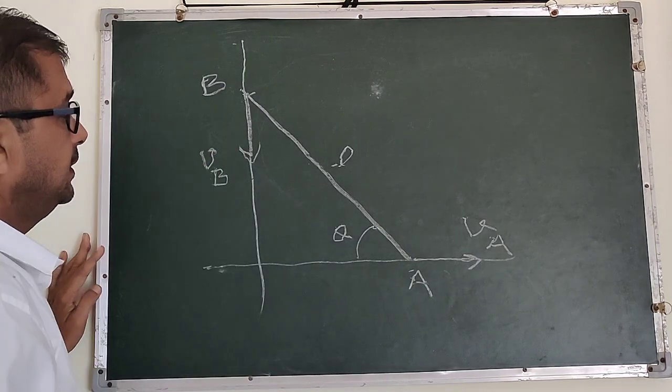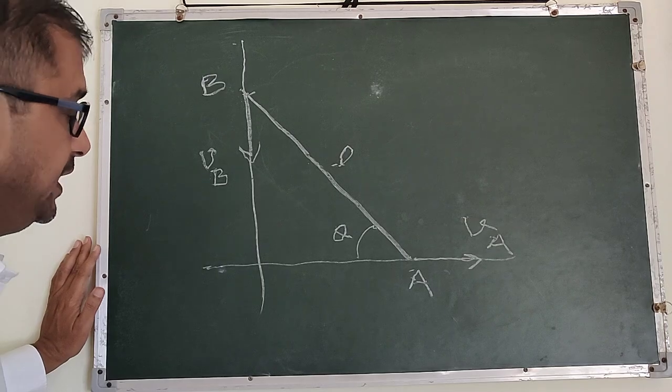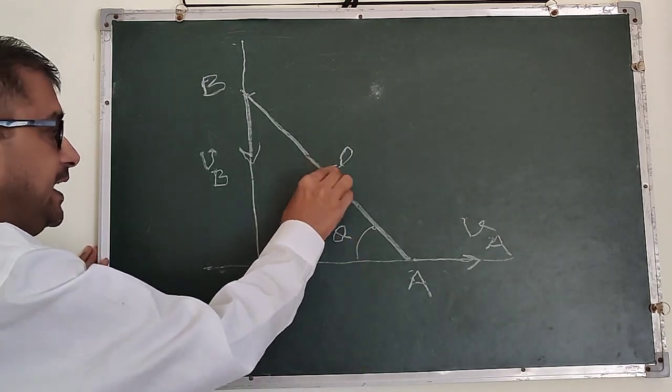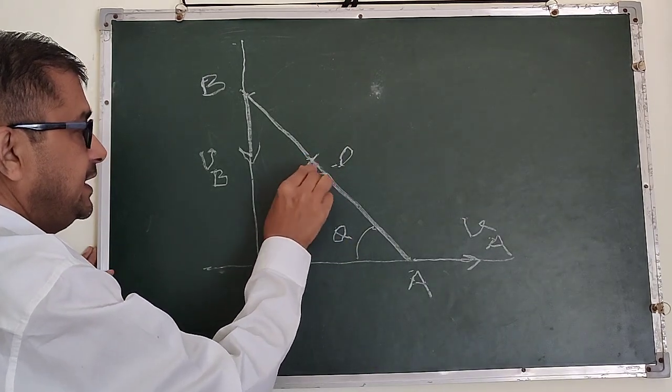We have to find the relation between VA and VB and the velocity of the center. Suppose this center is D.